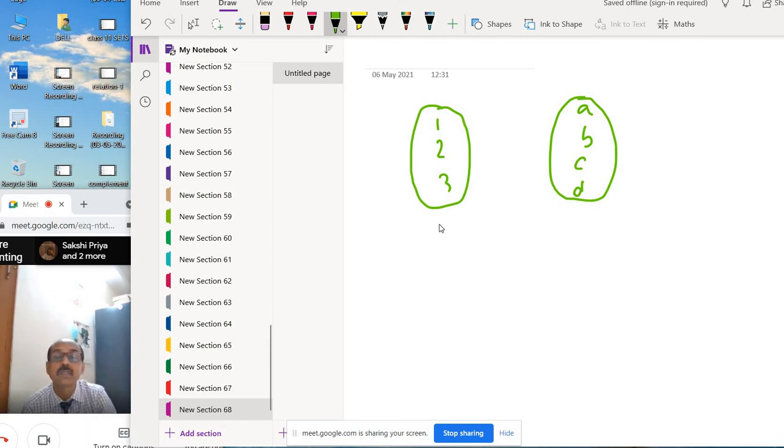So this is the X set, and this is the Y set, the second set. So we know the first set is the pre-image set and the second set is the image set.